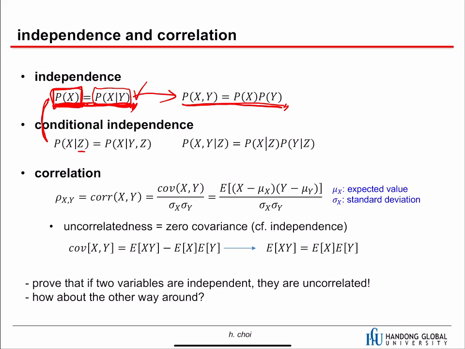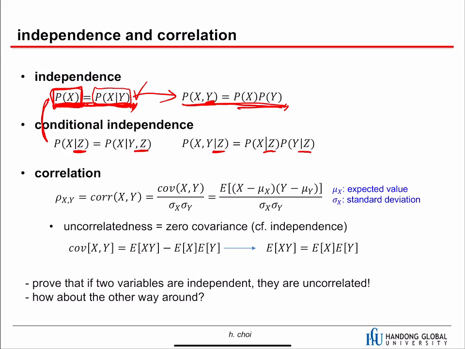In this one we don't have the given z part, but now we have given z. In this equation we add given z, and in this equation we add given z and given z. So conditional independence means x and y are independent given z. That's conditional independence. This independence has some condition, which is z.